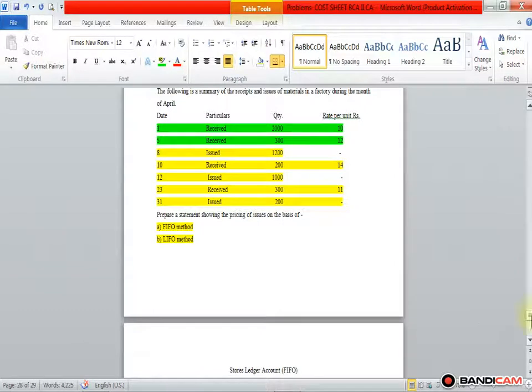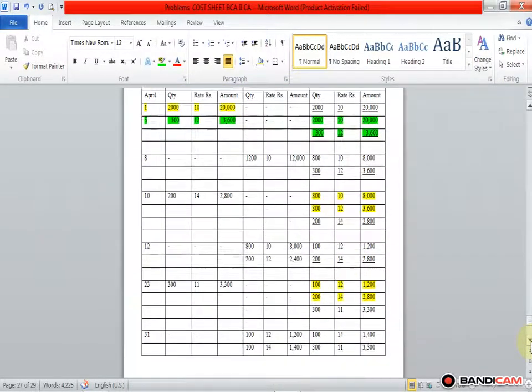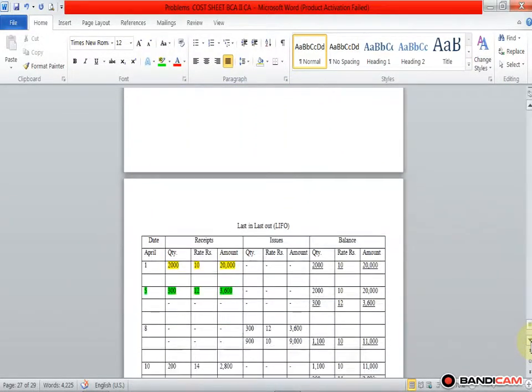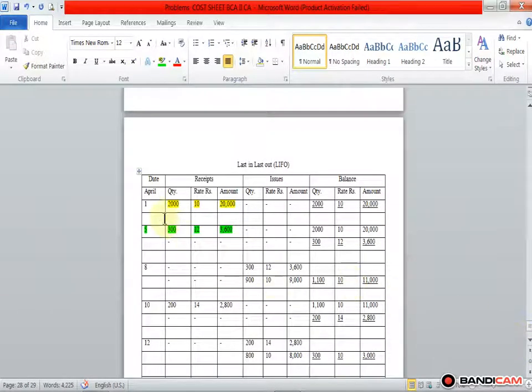On 8th April the factory has issued material, that is a quantity of 1200. So here, see in the solution, now we solve the problem by the LIFO method. It means last in first out.